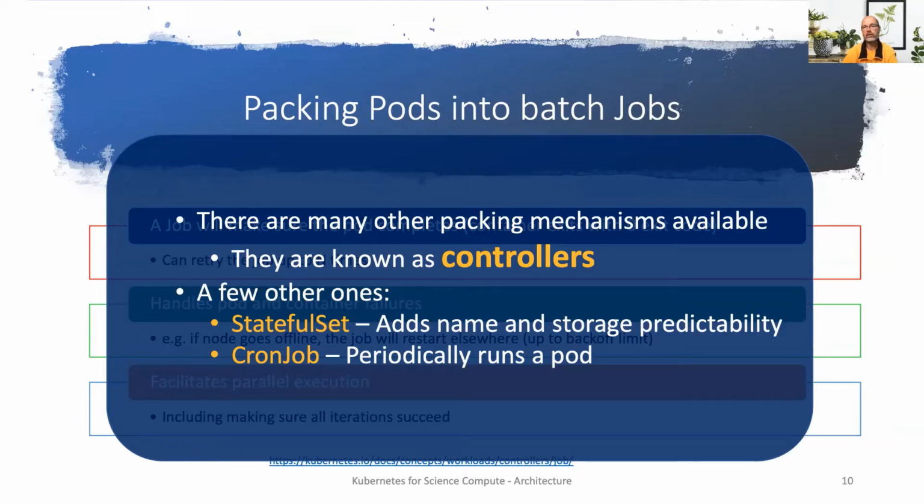There is a stateful set, which is convenient when you want to have predictable pod names and auto-scaling, and the cron job, which will run a pod periodically for you, which can come pretty handy for some applications.